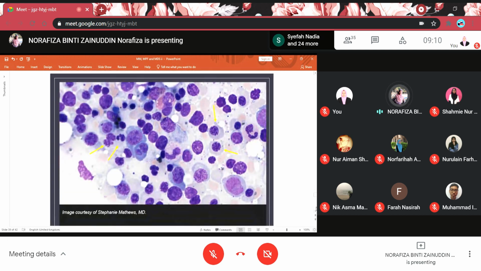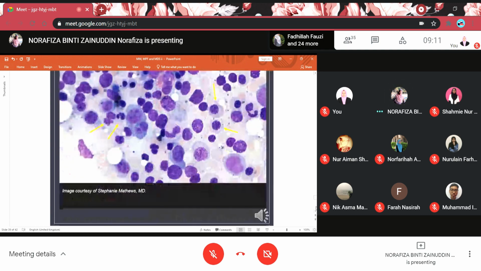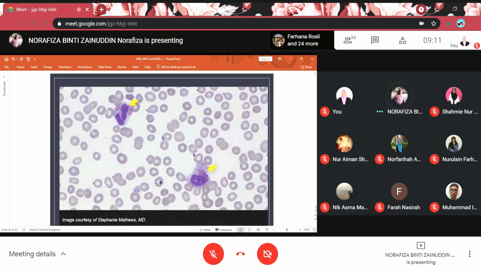Okay, so this is a bone marrow aspirate, showing dyserythropoiesis in the form of abnormal erythroid precursors. This is also a characteristic of MDS. Alright.